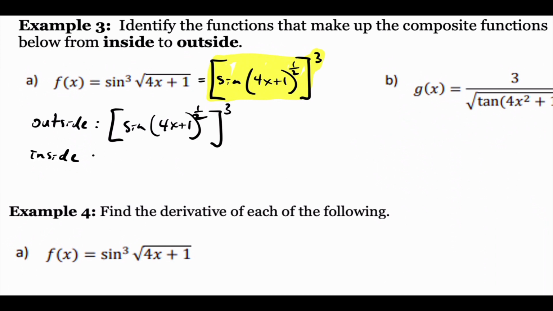Okay, the next inside is inside the brackets. The stuff in orange. That's the next inside. And then the last layer, actually, no, this one's got 4 layers. The next layer is going to be this guy to the 1/2 power.